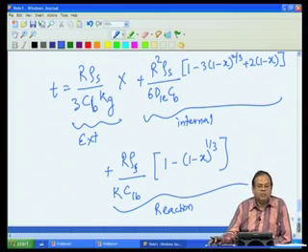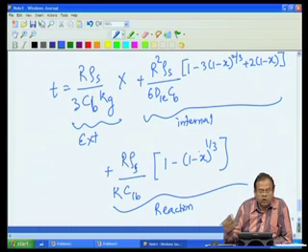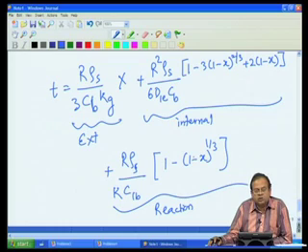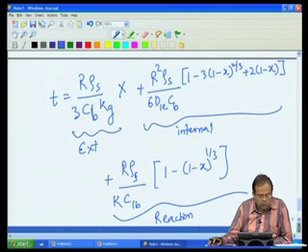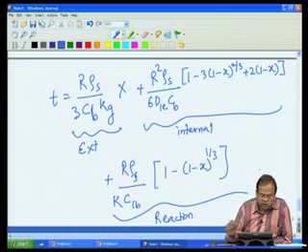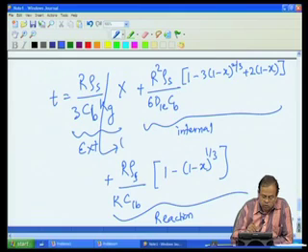So, we have the time required as a function of conversion for a general scenario when external mass transfer, internal mass transfer and reaction all play an important role. Now, external mass transfer is negligible here, so this contribution is 0.